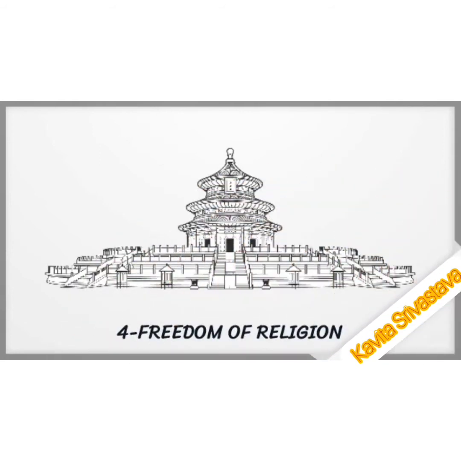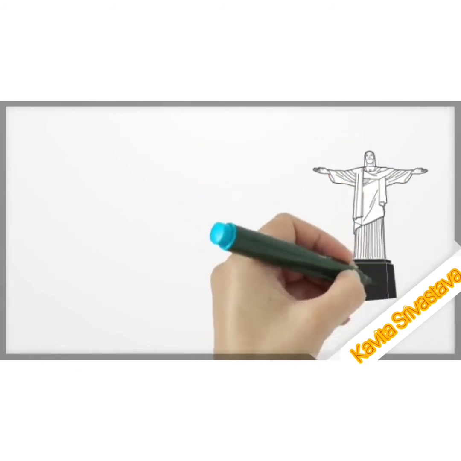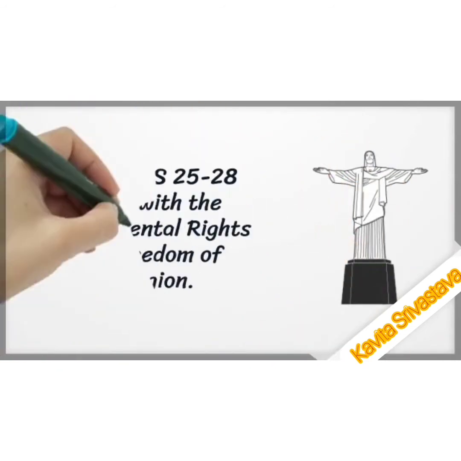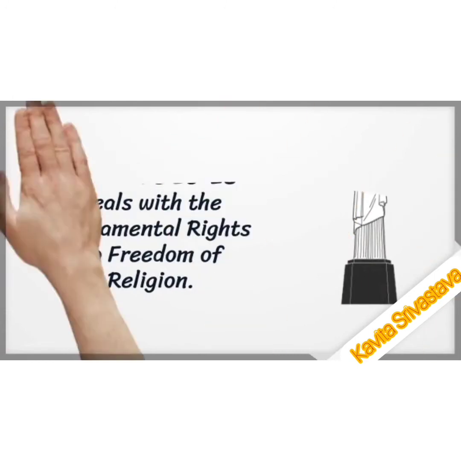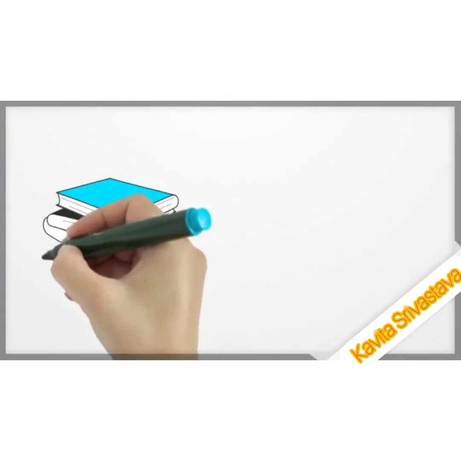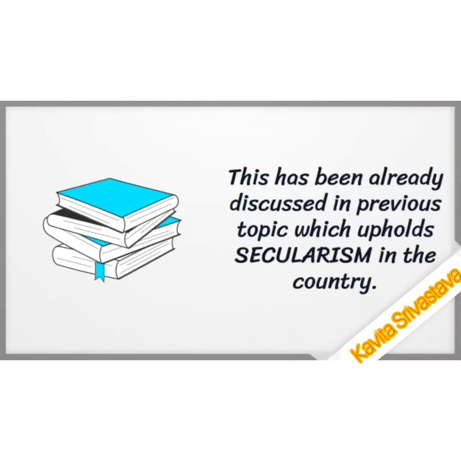Article 24 also prohibits child labor. Now coming to the right to freedom of religion, which is mentioned under Articles 25 to 28. This right, as already discussed in the previous topic, upholds secularism in the country, and gives the right to practice any religion of one's choice.